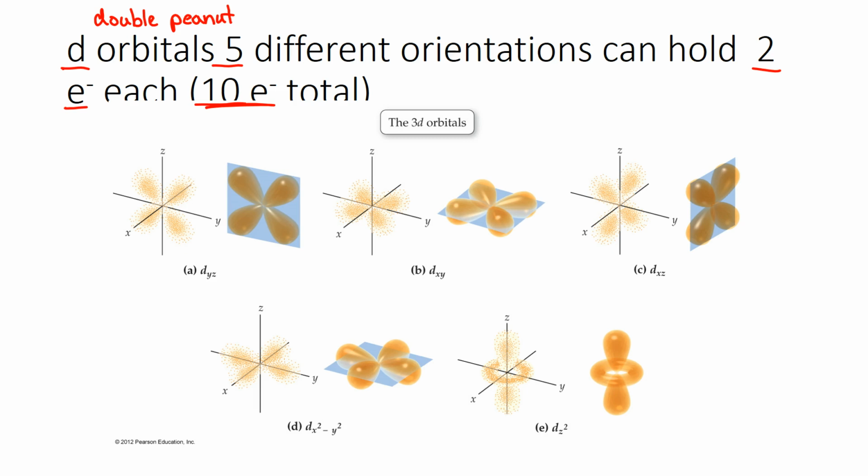So from Sc to Zn, it's 10. So there's 10 possibilities. So Zn is going to be represented by 3d10. All right. Nickel would be represented by 3d8. And so on.